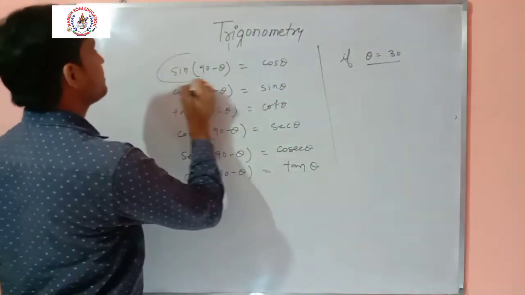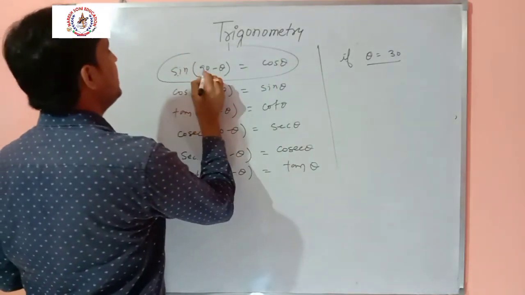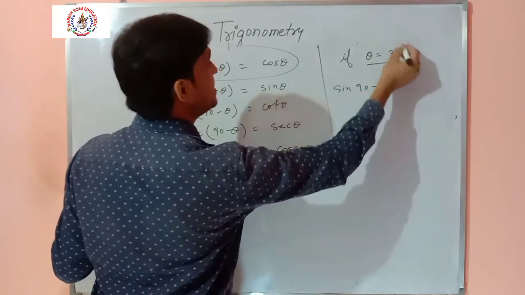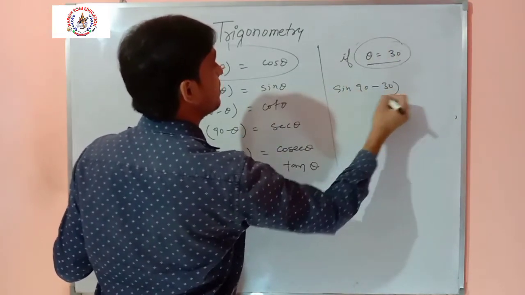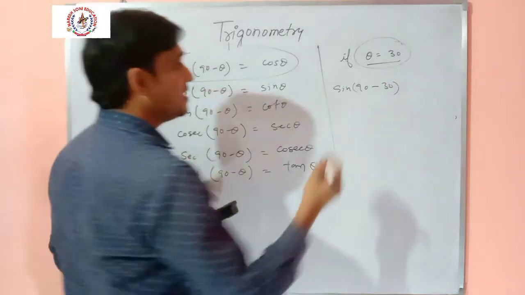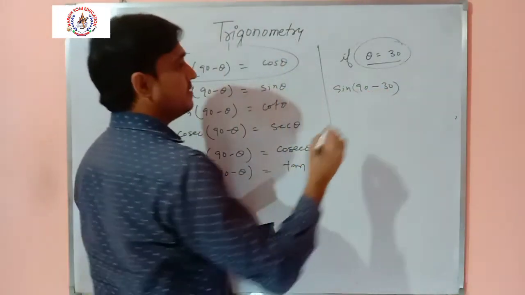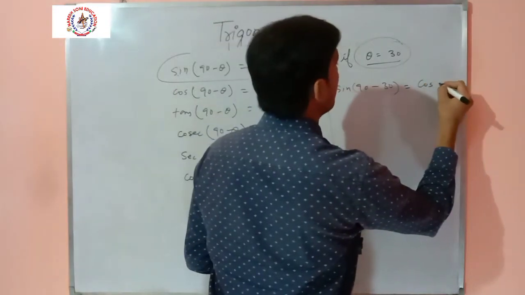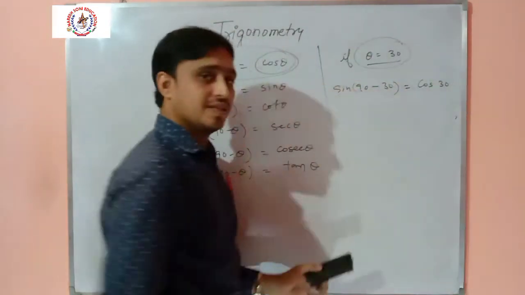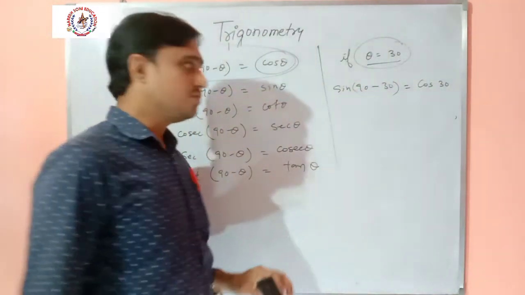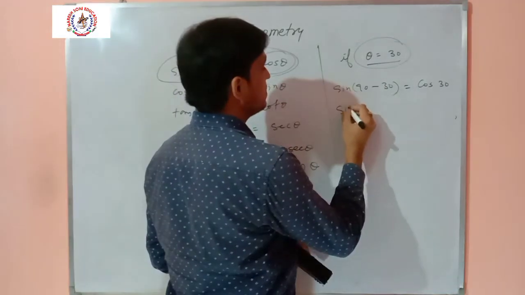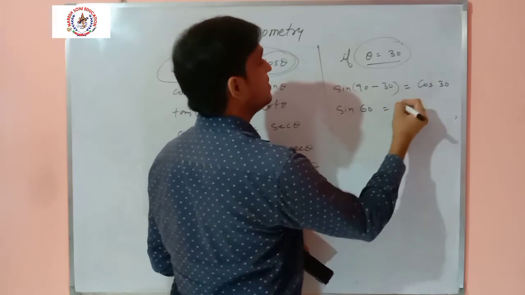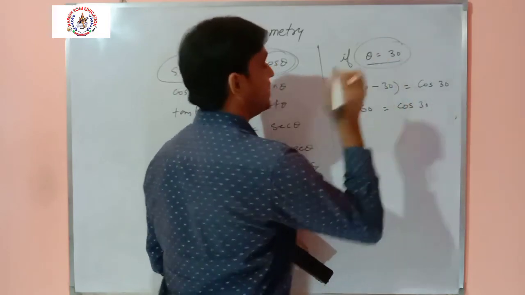Like for sine 90 minus theta, which equals cos theta, with theta 30 degrees, sine 90 minus 30 is sine 60 degrees, and this one is cos 30 degrees.